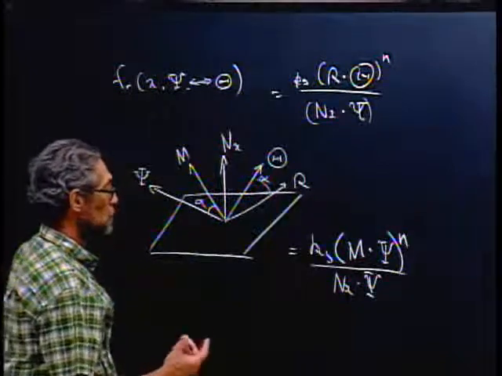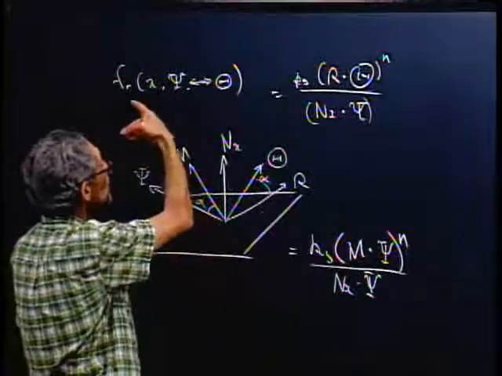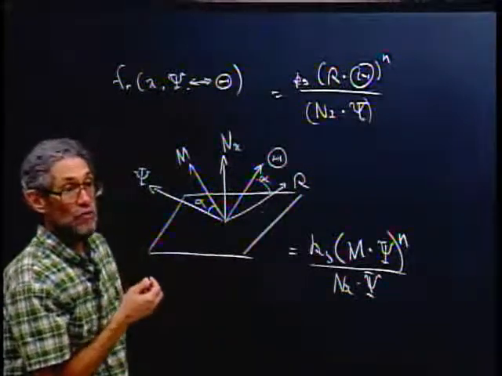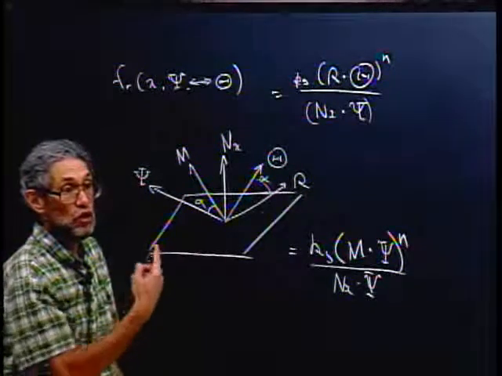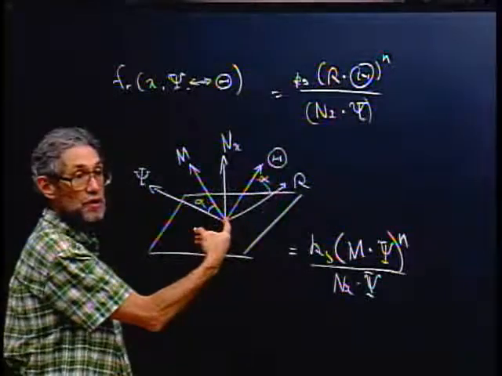Because what you're doing is you're sampling the incoming direction, and then you're computing an FR based on it. And so that's what I want to do. That's what they meant by sampling the glossy reflections. You're sampling around this perfect mirror of the viewing direction.